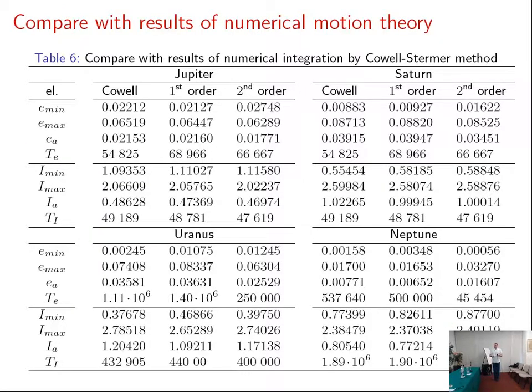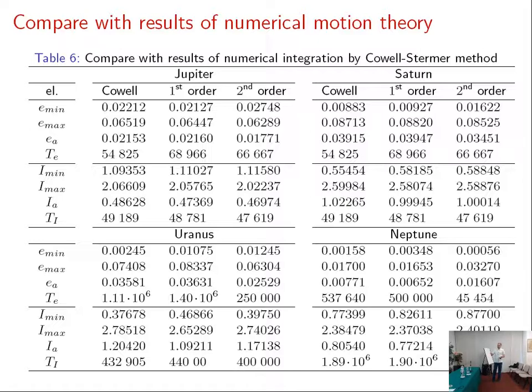I would add that the numerical results from JPL currently cover 30,000 years, so it's a long enough time span to be tested against. Exactly. We compare with the result of numerical motion theory by integrating with the Cole-Sturmer method.